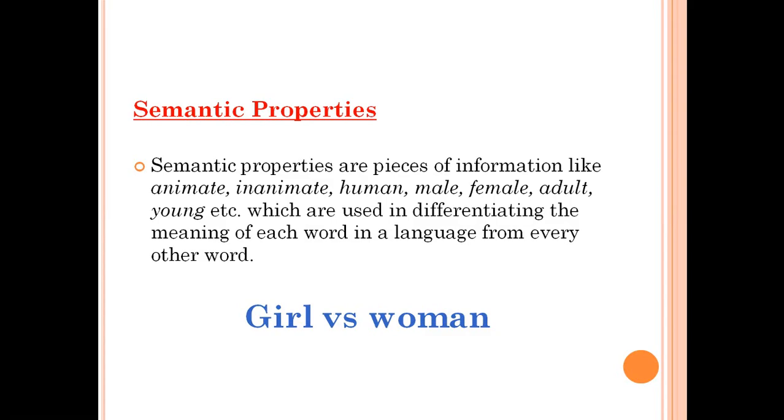A young male human being is known as boy. On the other hand, an adult male human being is known as man. So you can see how semantic properties can be used to differentiate meaning of each word in a language from every other word.